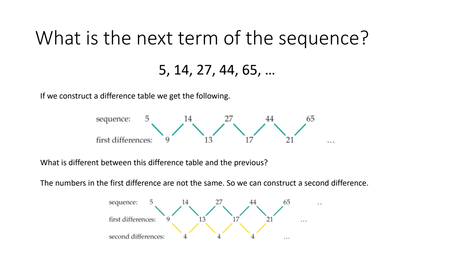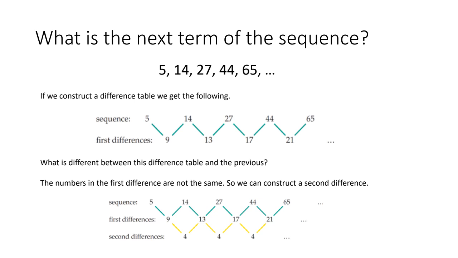Notice that 21 minus 17, that's 4. 17 minus 13, 4 again. 13 minus 9, 4. So you can see that the second difference is constant. Now you work backwards, kind of like in the logic puzzle. You start by filling in some of the information, you find a pattern, and now you can start working backwards.